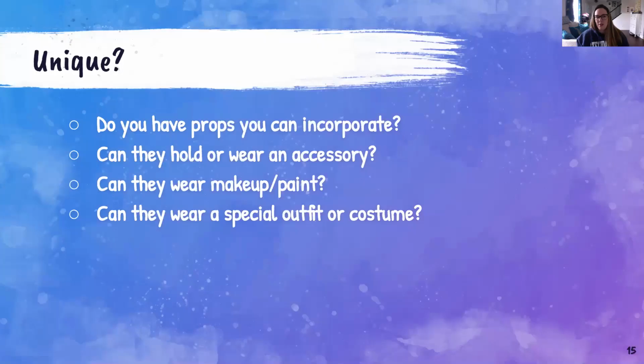Things to consider: do you have any props you can incorporate into the photograph? Could you have them hold or wear an accessory to make them a little more unique? Do you have paint? Maybe you want to paint the whole person gold or black or something like that.